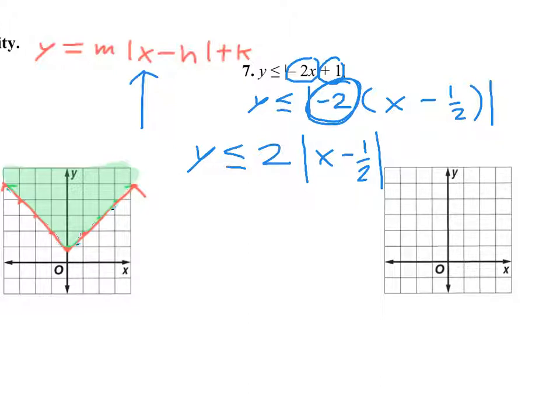We took the absolute value of it. The absolute value of -2 is +2. So now we can see our vertex is 1/2, 0. So that would be right here, around there. And our slope is 2, so I go up 2, right 1.